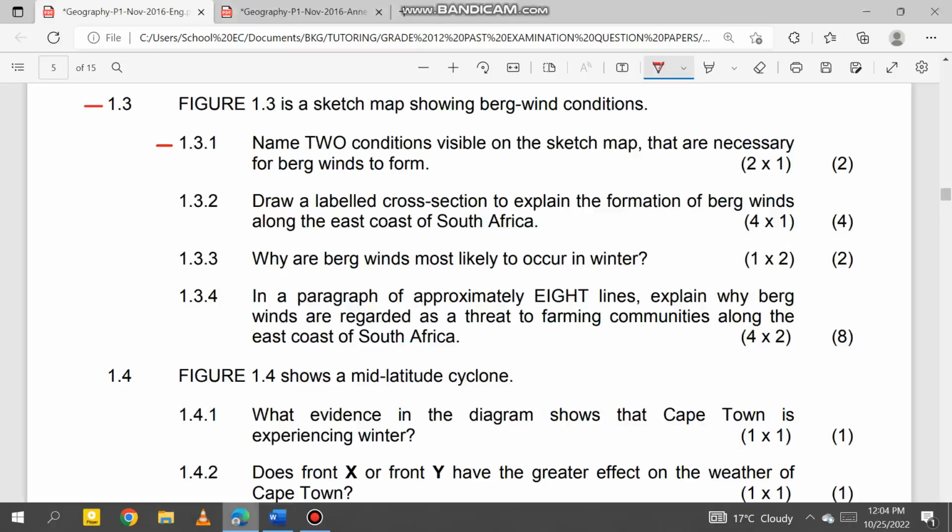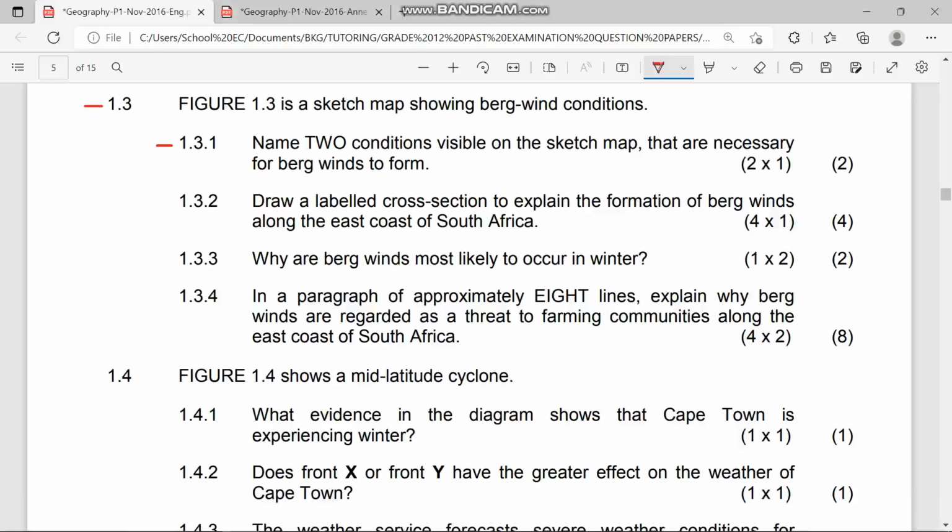Let's go for 1.3.2. It says draw a labeled cross section to explain the formation of berg winds along the east coast of South Africa. So we are now drawing a cross section.